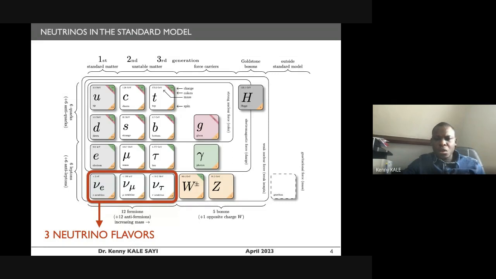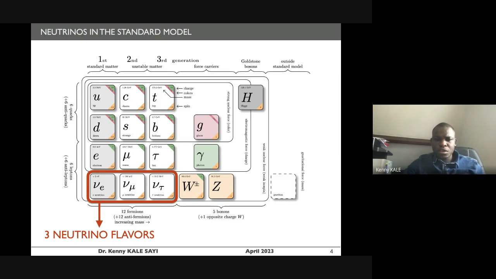In this chart, on the first line, you see what we call the quarks. We've got six quarks: U, C, T, D, S, and B. Just below you have another line with the electron, the muon, and the tau. Then we have the neutrinos just below.